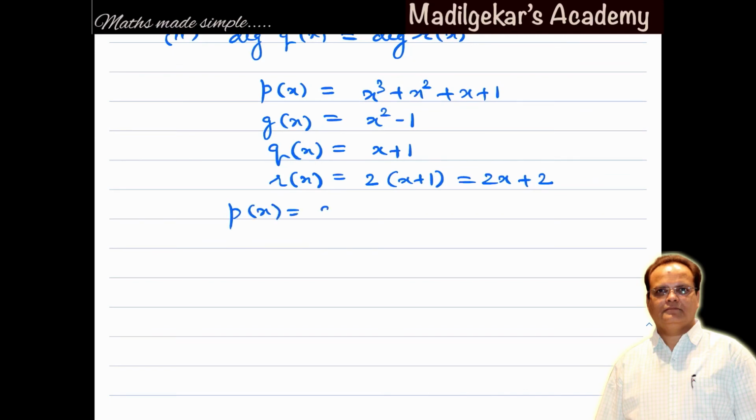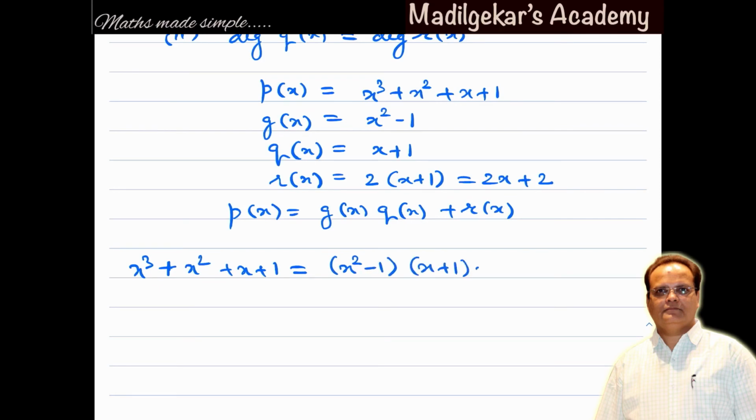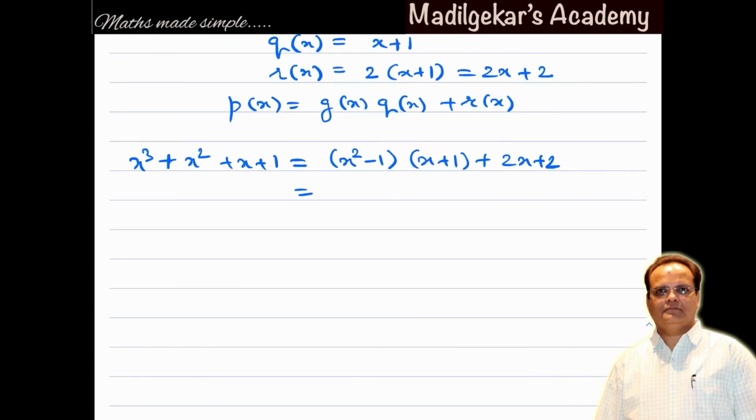P of x equals g of x into q of x plus r of x, x cube plus x square plus x plus 1. G of x is x square minus 1, q of x is x plus 1, r of x is 2x plus 2. Let's simplify right hand side.